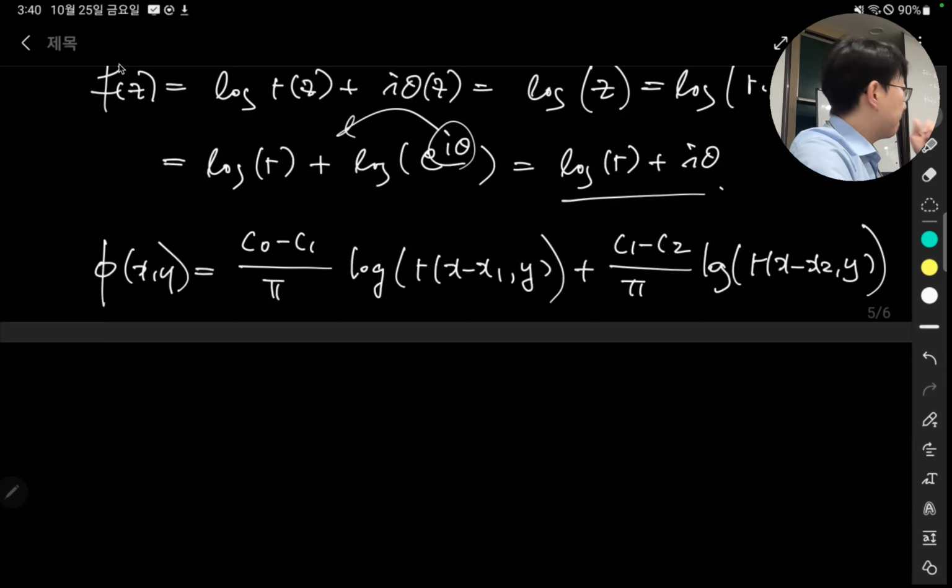That's your phi, which is the counterpart to the heat function here.